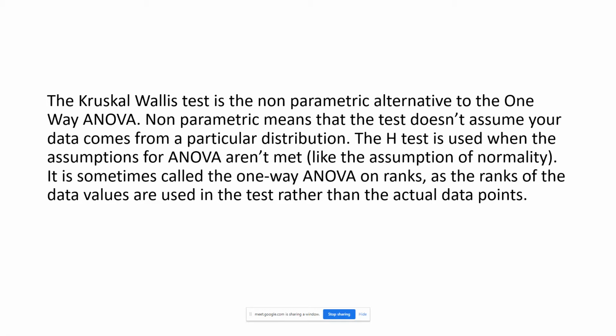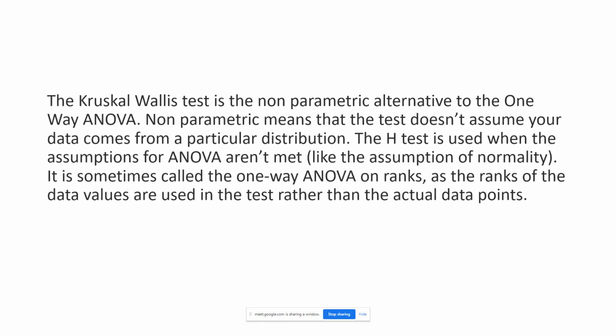It is used to test the null hypothesis, which states that k number of samples has been drawn from the same population or the identical population with the same or identical median. So the test determines whether the medians of two or more groups are different. Like most statistical tests, you calculate the test statistic and compare it to a distribution cutoff point.